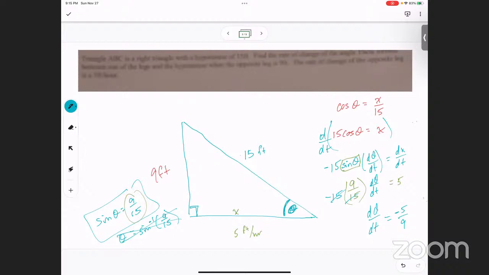Degrees or radians per hour. Okay, so the answer would just be negative 5/9 then, like degrees per hour. Negative 5/9, and I don't know if it's degrees or radians. I don't see units anywhere on this, and I can't think of what the units would be.